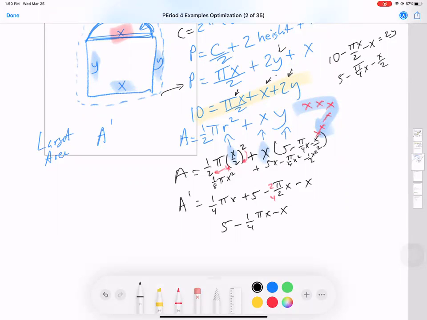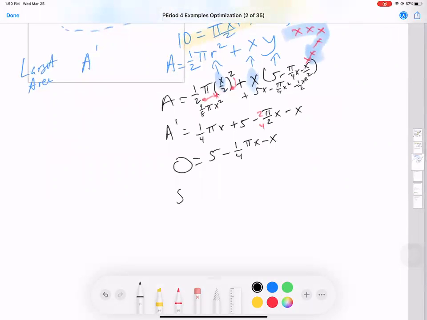We want to make this equal to 0. So let's go ahead and solve for x. Negative 5 is equal to, I'm going to factor x out here, negative x, 1 over 4 pi plus 1.